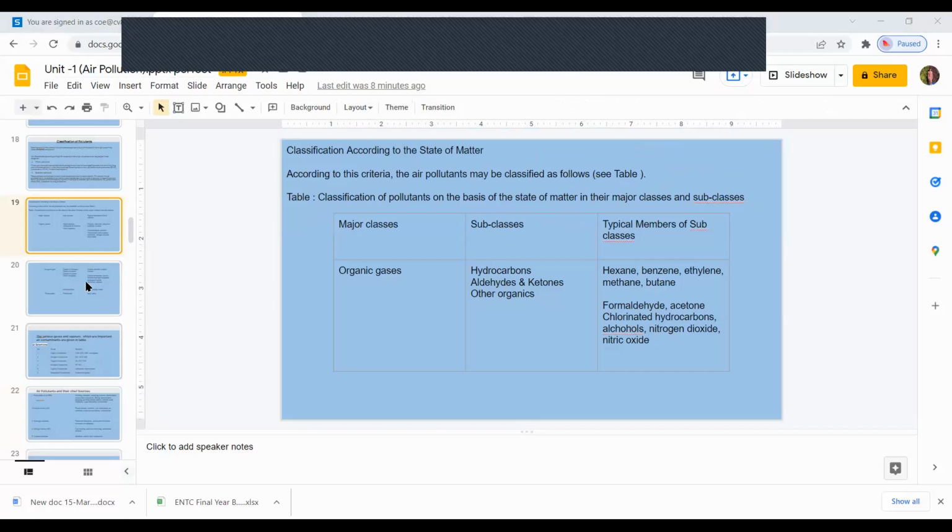Note down that slide. It is important from the exam point of view.